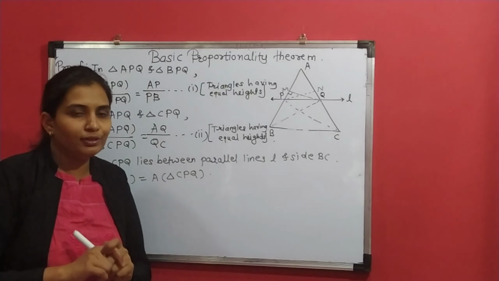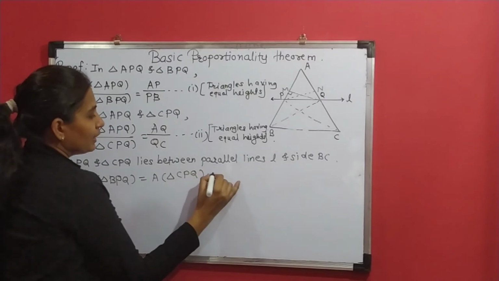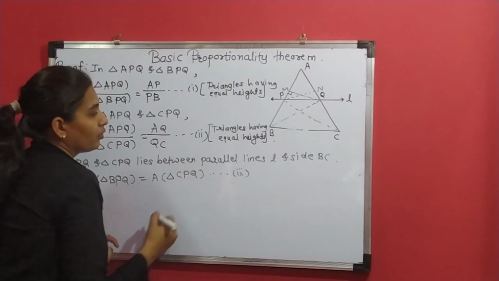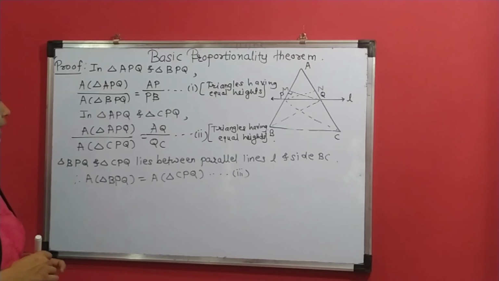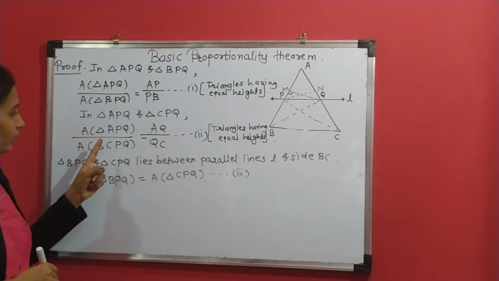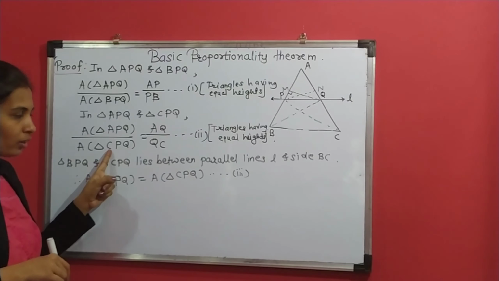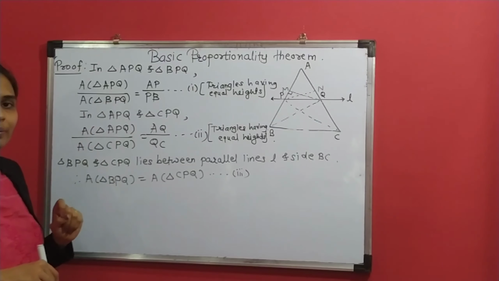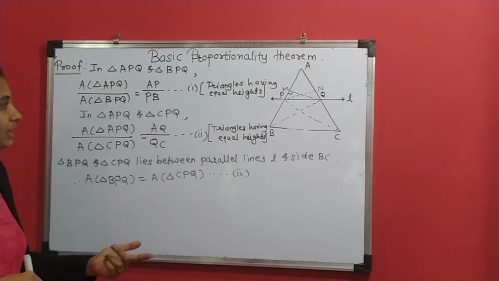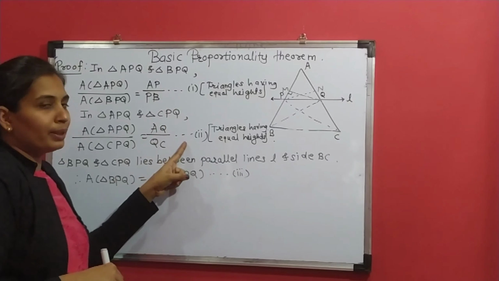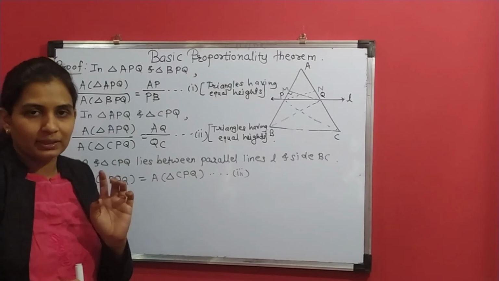Okay. Now students, if this is number 3, from number 3 we can get BPQ instead of CPQ or CPQ instead of BPQ. It means that number 1 and number 2 are equal things.